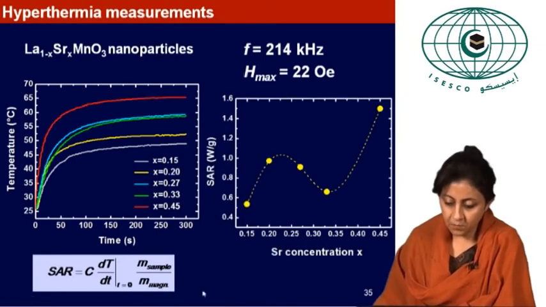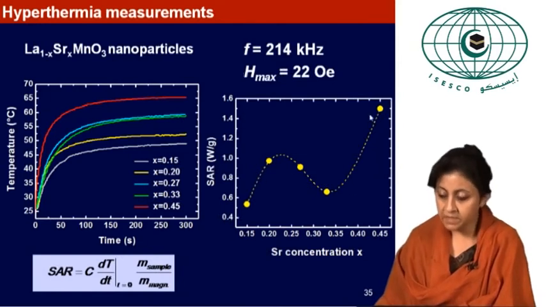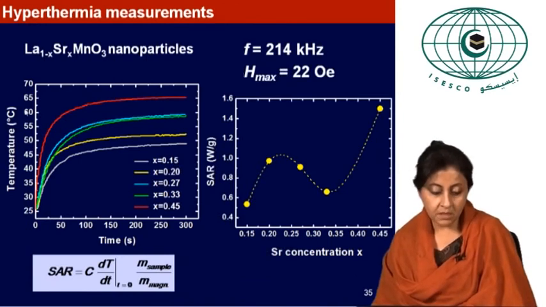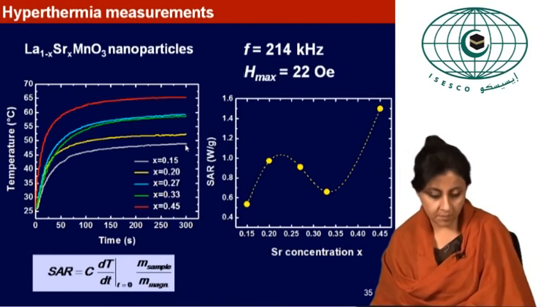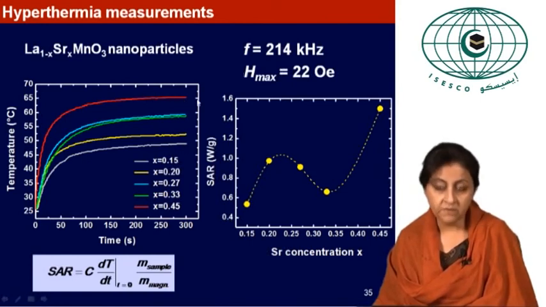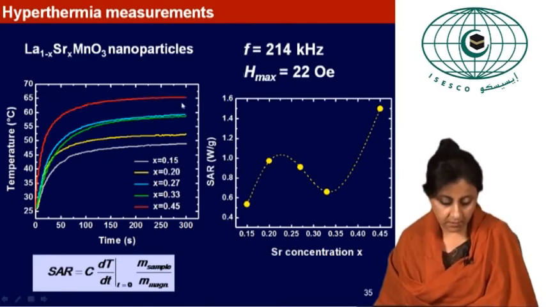And here we have the specific absorption rates, and we can see that in this tunable magnetic system, the specific absorption rate varies non-monotonically with the strontium concentration. And you can achieve temperatures ranging from what is required for self-controlled hypothermia, which is about 46, 47 degrees centigrade, to almost 65 degrees centigrade, which is the modality of hypothermia known as thermoablation.